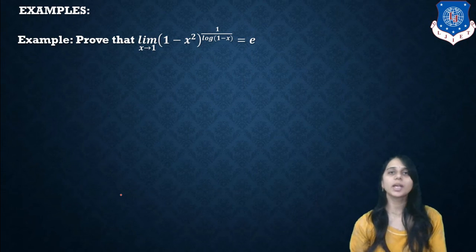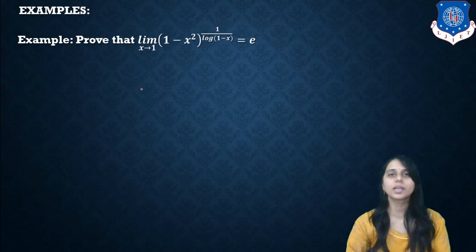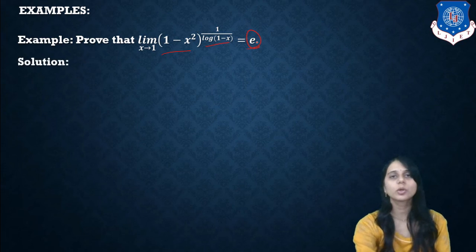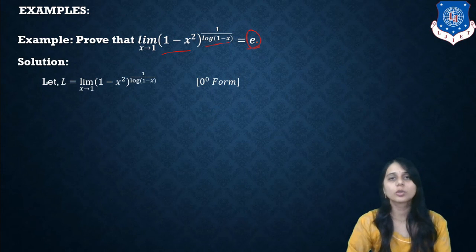Now prove that the limit as x tends to 1 of (1 minus x square) raised to 1 upon log(1 minus x) equals e. Solution. It is a 0 raised to 0 form. Okay, so we take log on both sides.